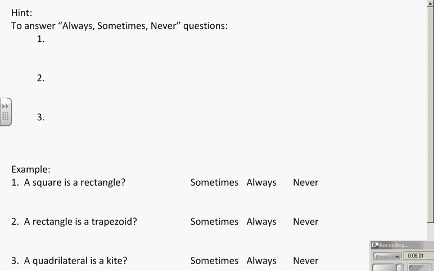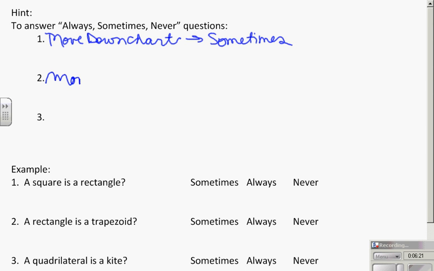Another key kind of question that we can ask is sometimes, always, never questions. And there is a trick. If you move down the chart, then you say sometimes. If you move up the chart, then you say always.